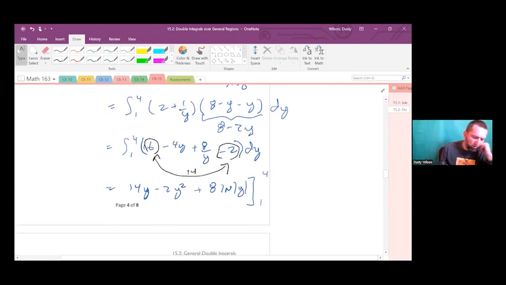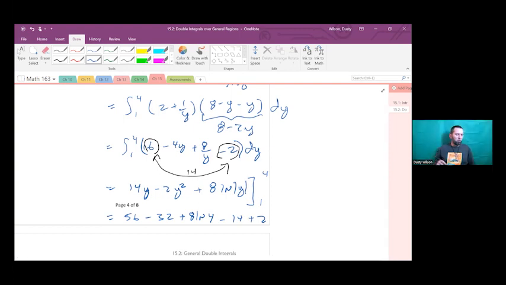So if I evaluate from 0 to 4, golly, 14 times 4, I think, is 56. So I have 56. 16 times 2 is 32, plus 8 ln 4, minus 14 plus 2, and the ln of 1 is 0.